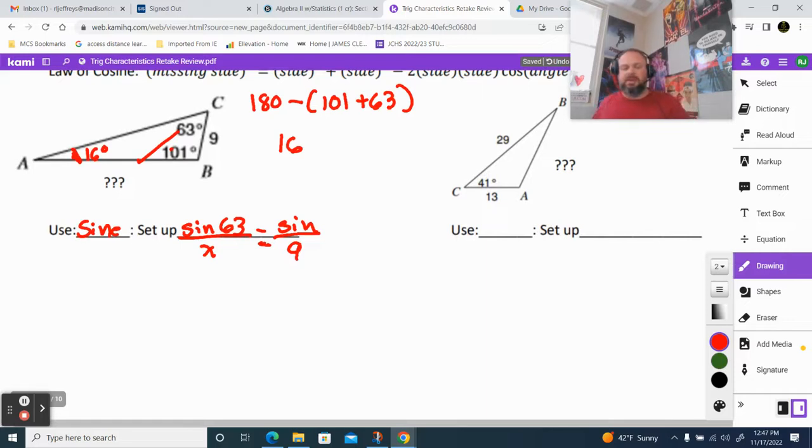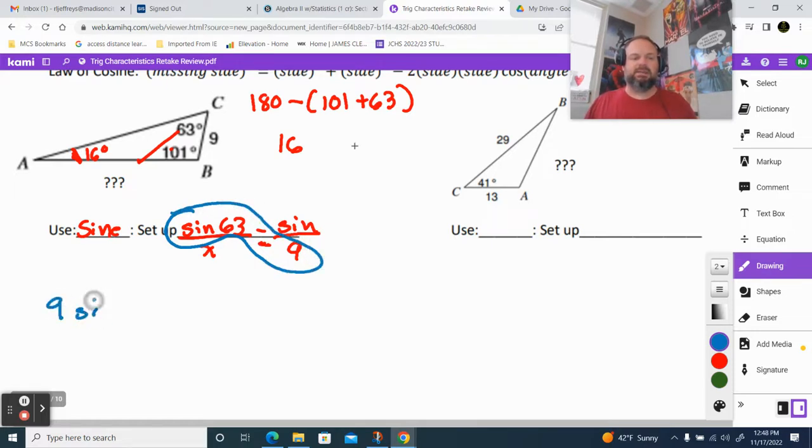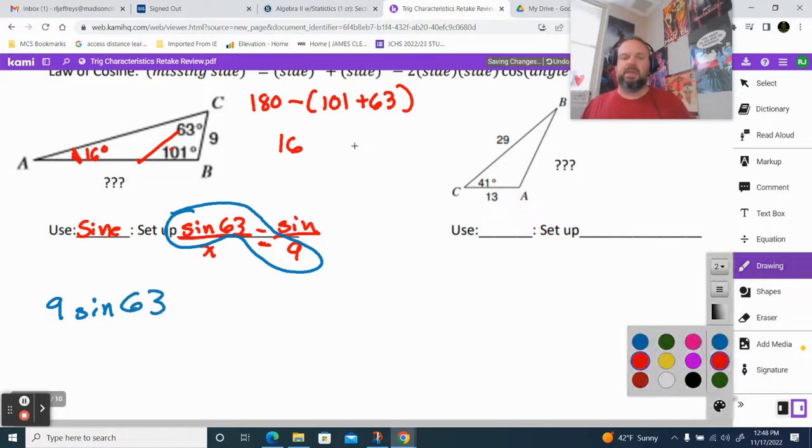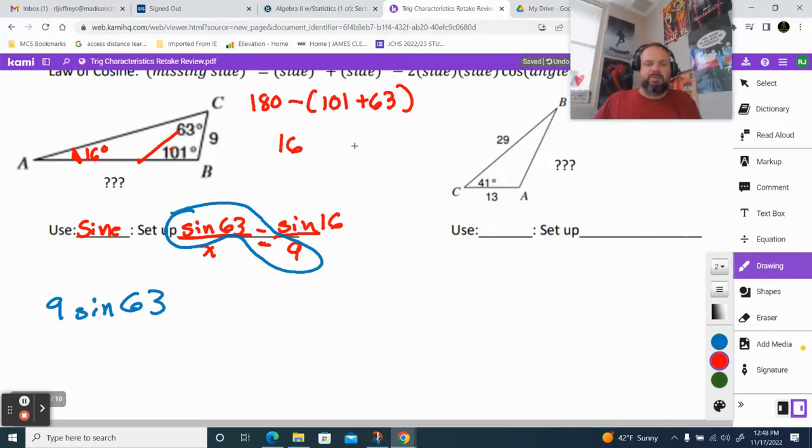Now, with the cross multiply and divide, if you think about it, and for some people that's a stretch, we know we're going to have 9 sine 63. And it's going to be divided by sine of 16, because if we multiply x times sine of 16, we end up dividing by the sine of 16.